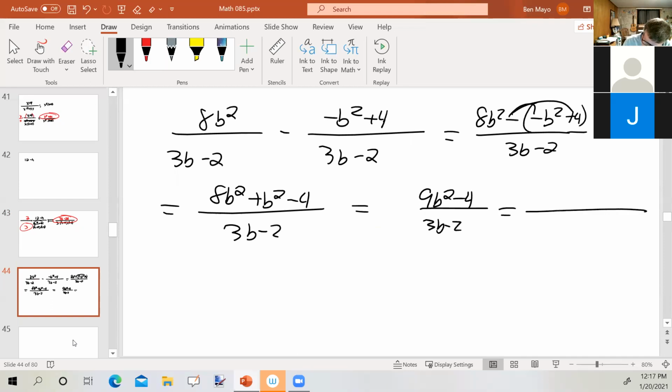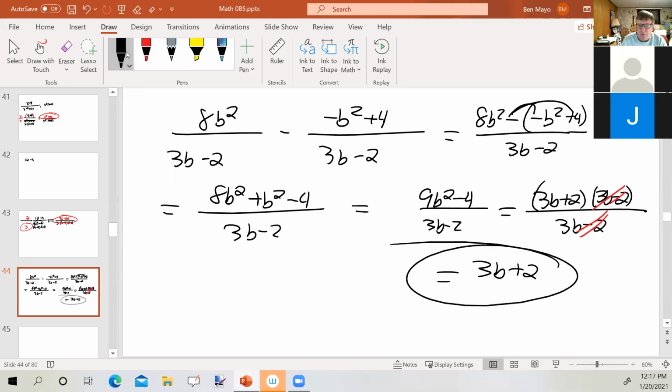Oh, but the numerator is the difference of 2 squares: 3b plus 2 times 3b minus 2, over 3b minus 2. So now we can reduce out common factors and we get 3b plus 2. It ain't over till it's over.